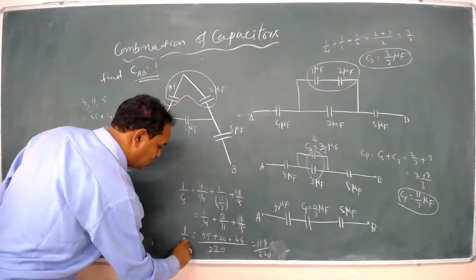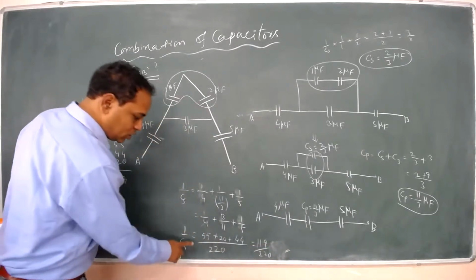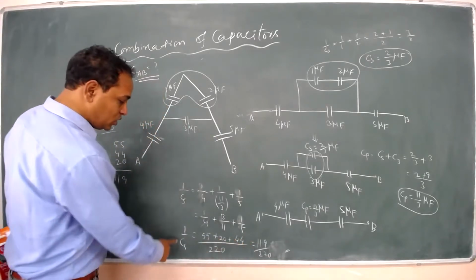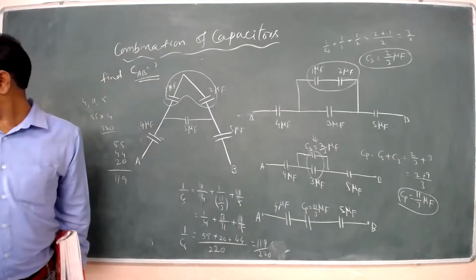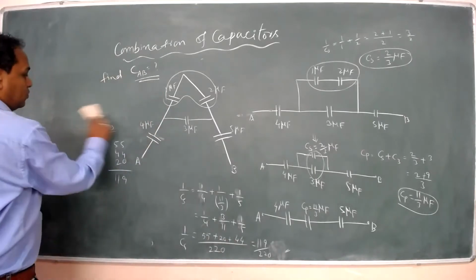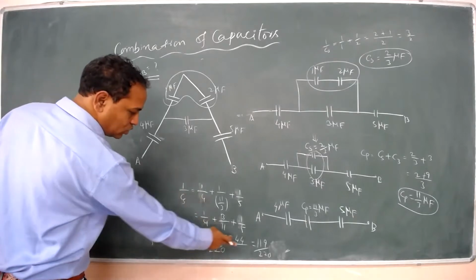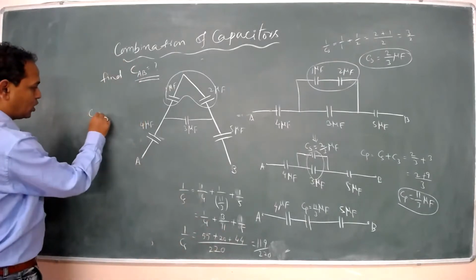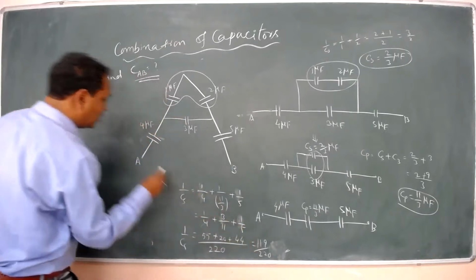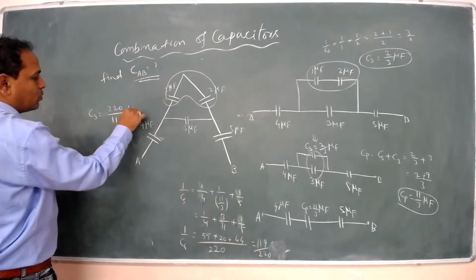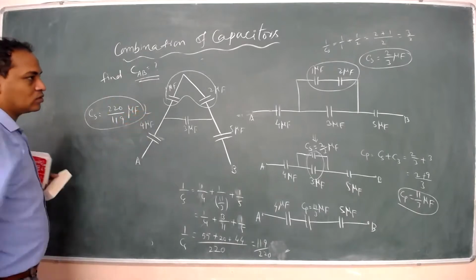This is the 1 by CS value. Therefore, my requirement is only CS. So just inverse it, that is 220 by 119 microfarad.